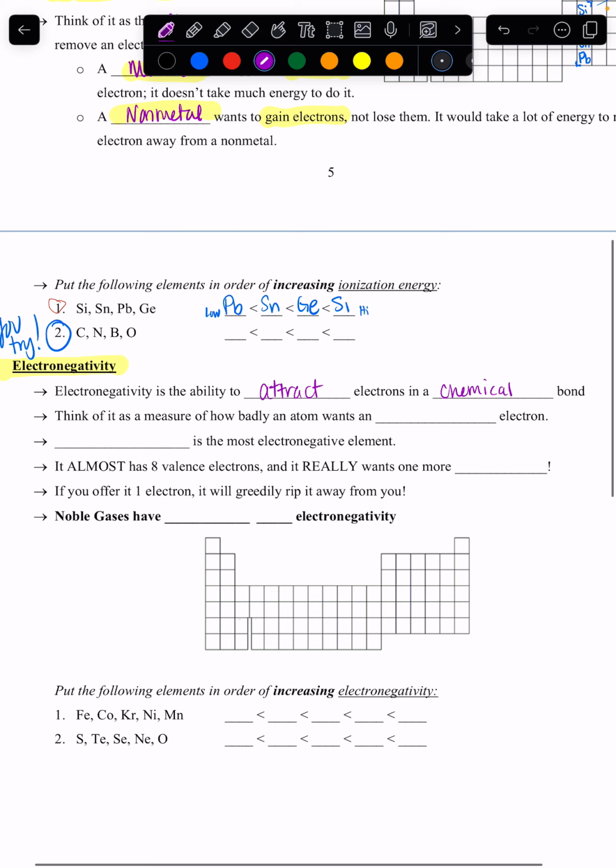So think of it as how badly it wants an additional electron. Okay? It wants an additional electron. So fluorine is my most electronegative element.